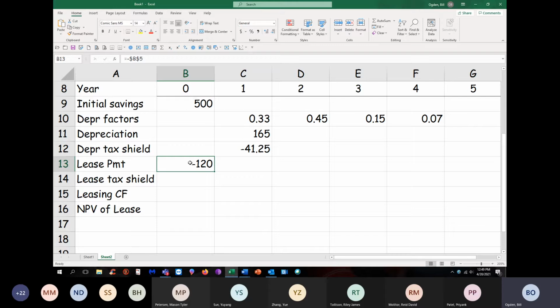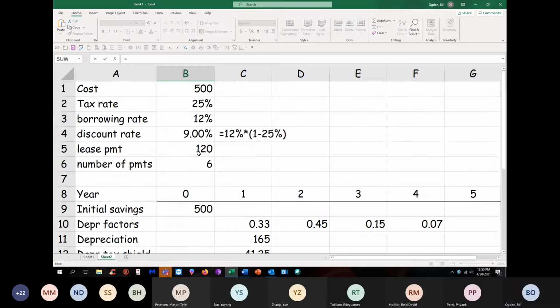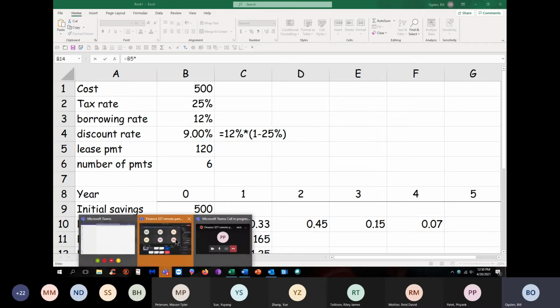So on an after-tax basis, it would be the lease payment minus the tax shield from expensing the lease payment. So let's do that. That would equal the 120 times, hang on a minute, what am I doing here?